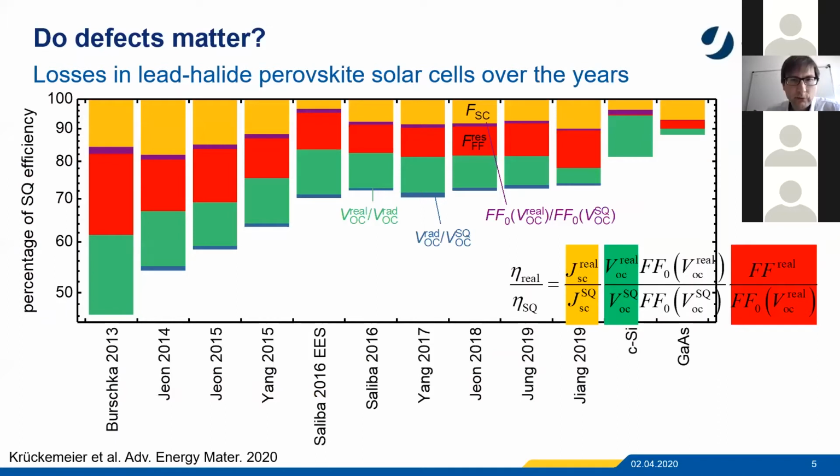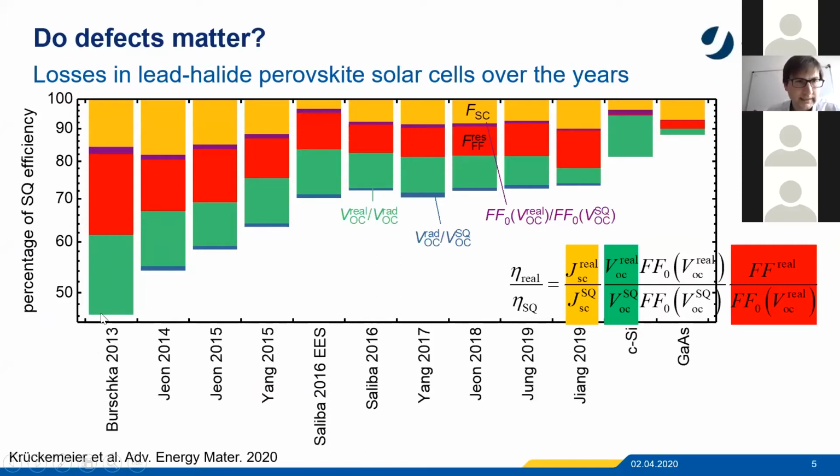And you can also look at the development of these losses as a function of time. This graph shows on the x-axis lots of different, at that time, high efficiency perovskite solar cells with a year attached, and at the end, silicon and gallium arsenide record cells. And on the y-axis, you see the percentage of the so-called Shockley-Queisser efficiency of these devices.